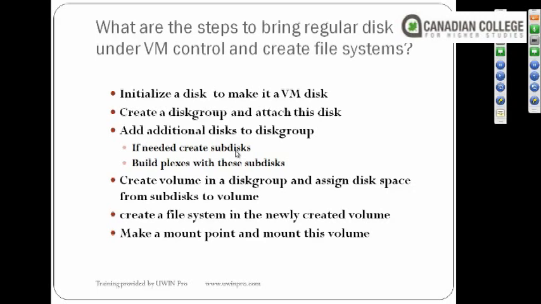If data is on it, you have to evacuate the data to another hard drive and then remove this hard drive from the disk group. How do we know which hard drive stores data? We'll come to know.